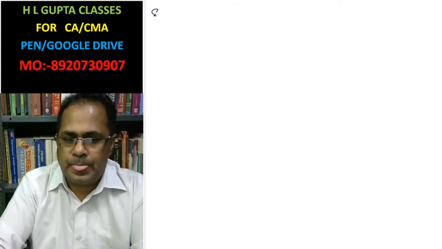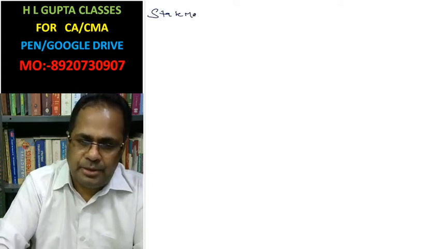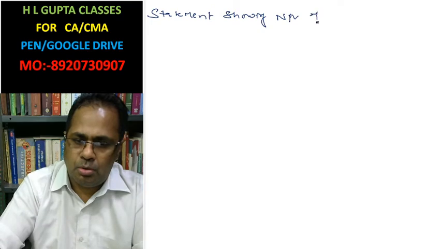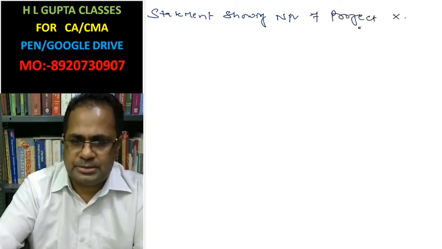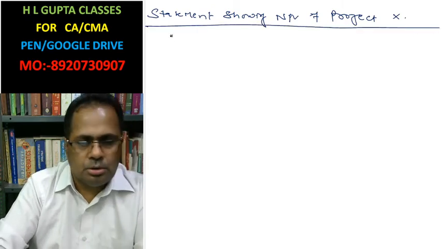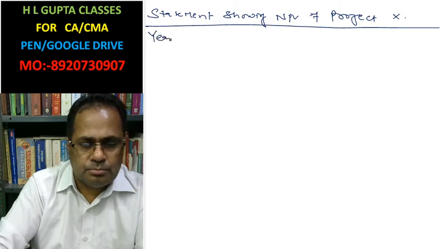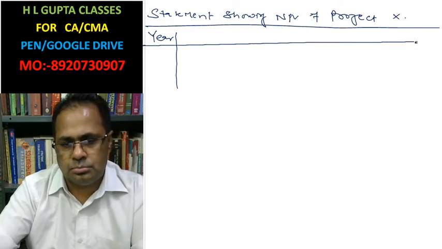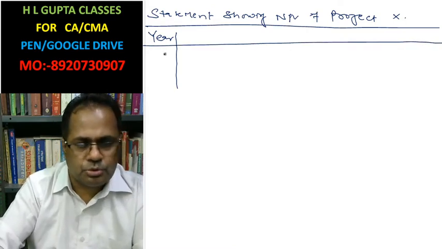Okay, look here. A statement showing net present value of project X. This is the year. Look at it. 1, 2, 3.